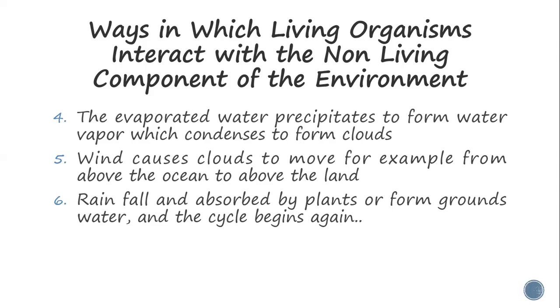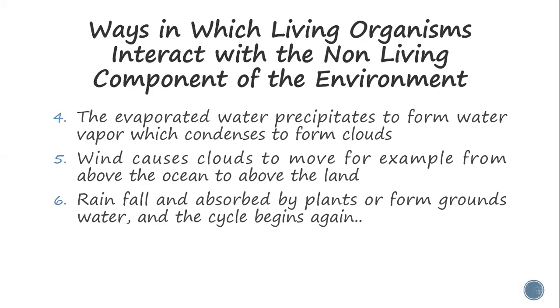After the formation of clouds, the wind causes the clouds to move, for example, from above the oceans or lakes to above the land, whereby the rainfall is absorbed by plants and forms groundwater, and the cycle begins again.